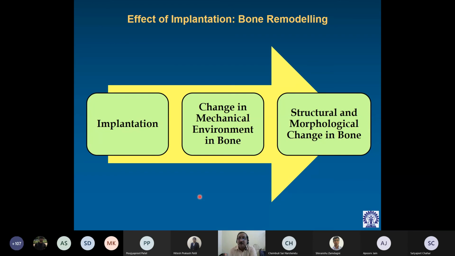So the effect of implantation triggers bone remodeling. This is summarized as implant, change in mechanical environment, which leads further to structural and morphological change in the bone. This summarizes the whole property of bone adaptation.